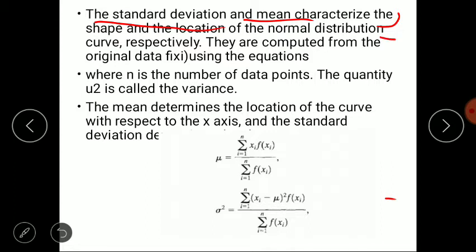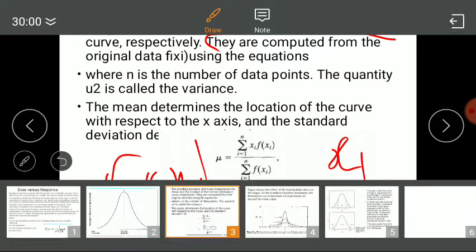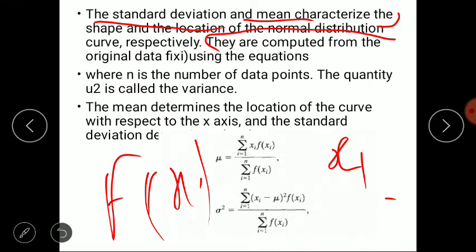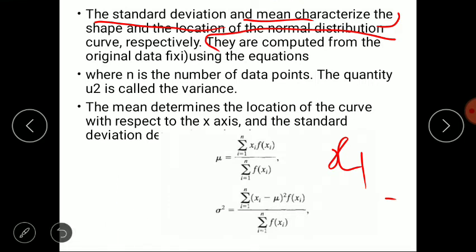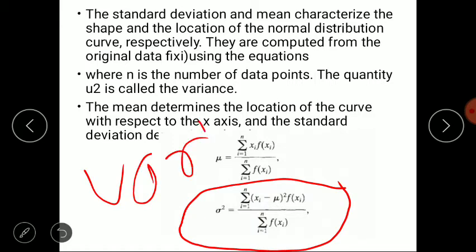They are computed from these equations. Here x is the response, and f(x) is the probability of the number of individuals affected. This is how mu, the mean, is calculated, and this is how the standard deviation, or variance, is calculated.